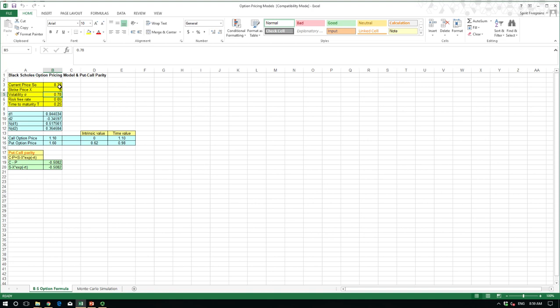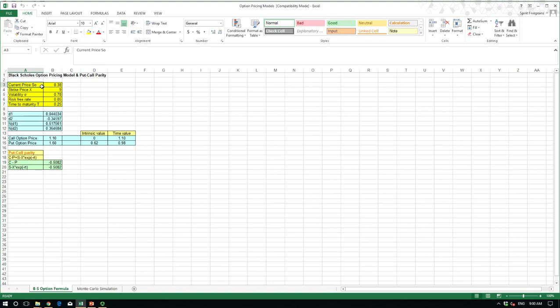Now let me show you how we can utilize an Excel spreadsheet to estimate option price based on the Black-Scholes formula. Here I designed a very simple spreadsheet model to calculate option price. In this yellow box, you see 5 inputs of option pricing.